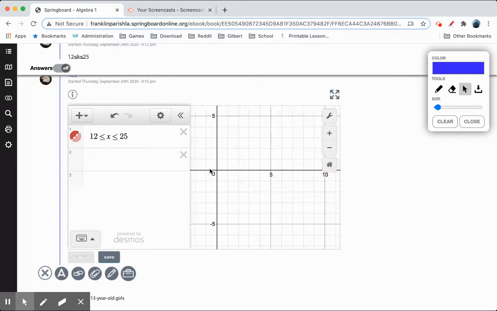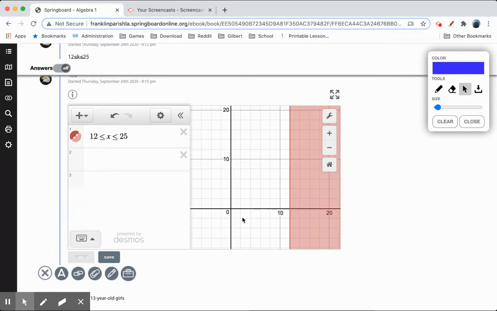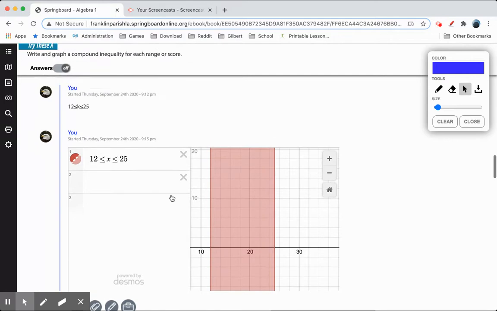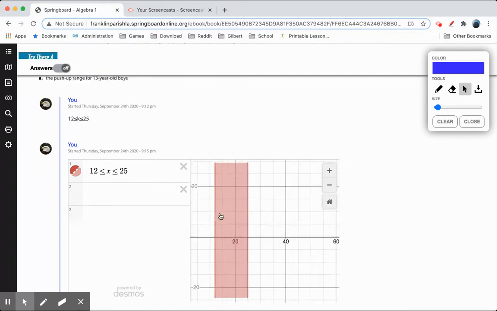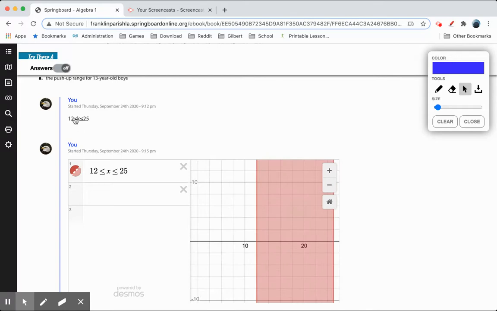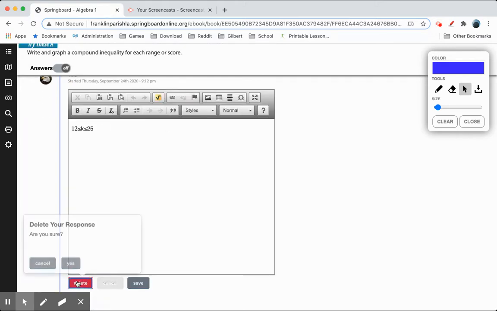Zoom out a little bit and let's see if I can move over right there. 12 to 25 covered inclusively. And we'll save that, and there we go. It draws it for us. I guess if I write it, I don't need to write it there. I can just put it in this Desmos calculator. I'll do that next time. Let me just delete this one. We don't need K.